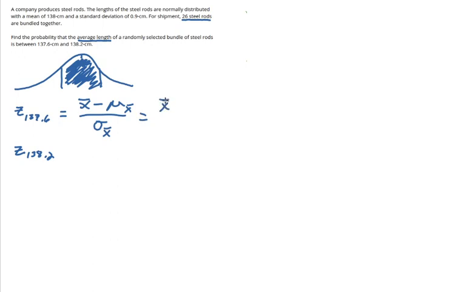So what this formula actually looks like is, well, it turns out the mean of sample means is the population mean. So that actually doesn't change, but the standard deviation for sample means does change. That's going to be the population standard deviation that we're given, but divided by the square root of our sample size.